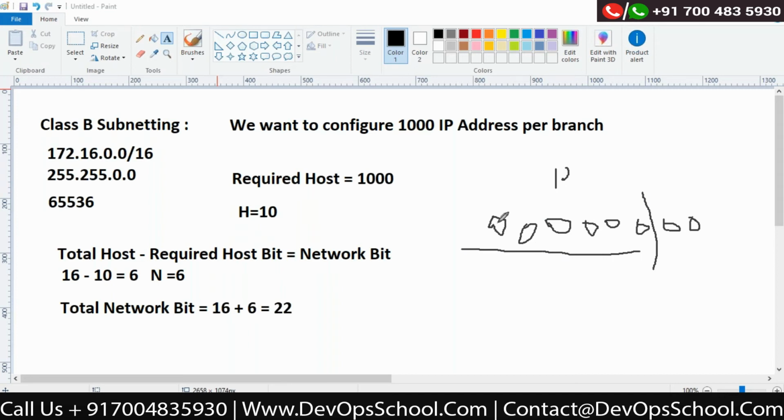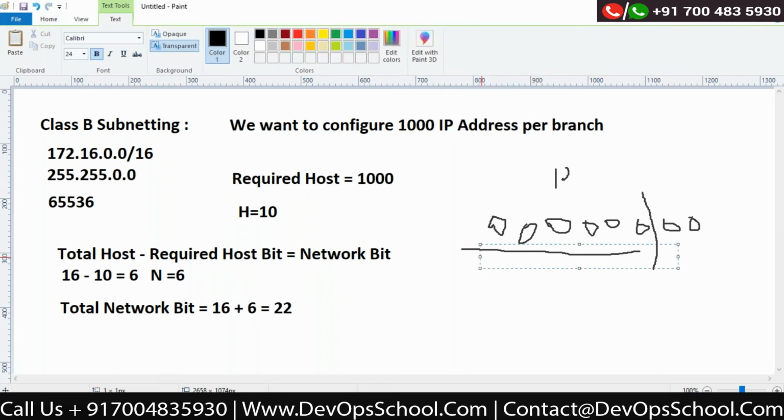That means 128 plus 64 plus 32 plus 16 plus 8 plus 4, I believe it's 252 if I'm not wrong. So my subnet mask would be this much, 128 plus 64.